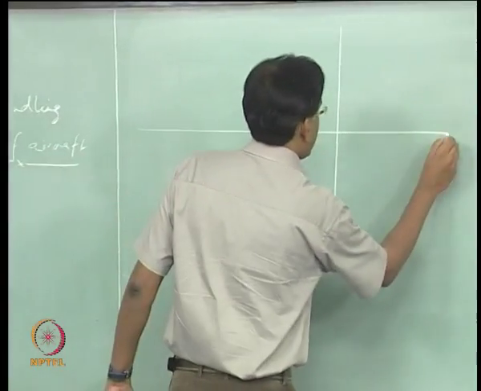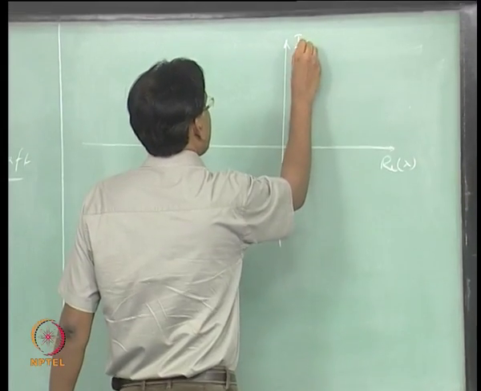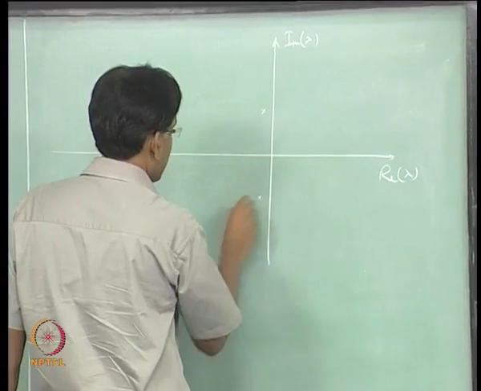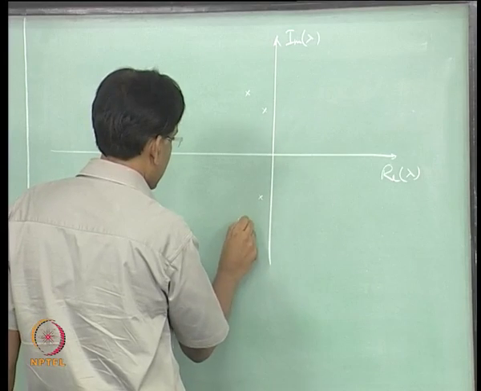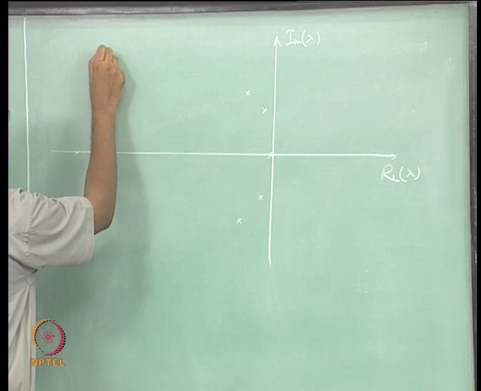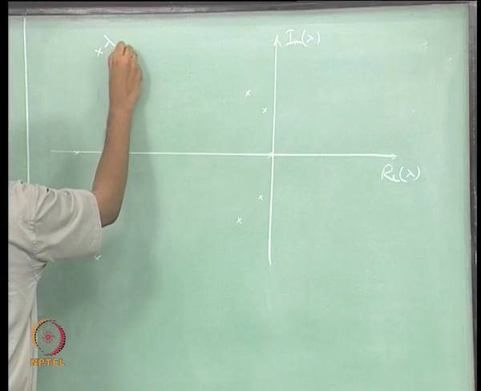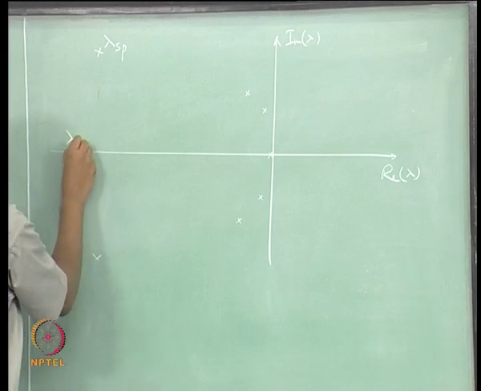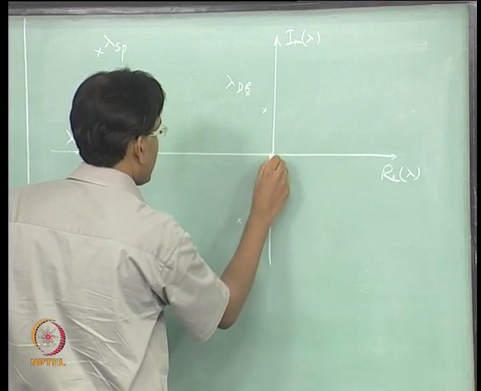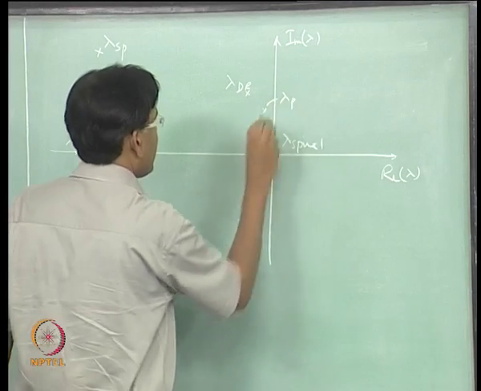So, this is how typically we saw the eigenvalues of aircraft located in the complex plane, right.